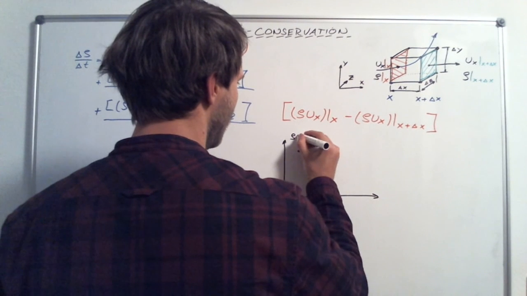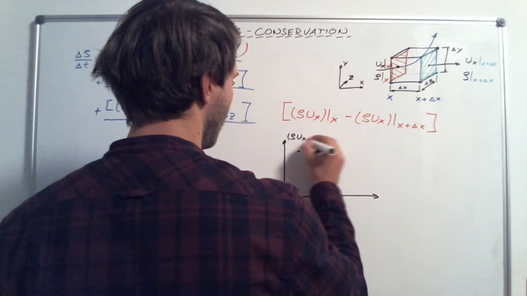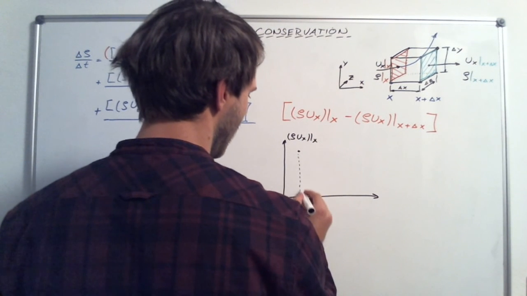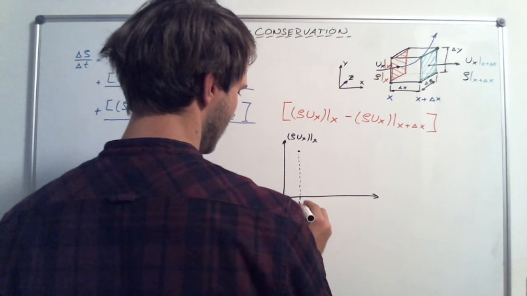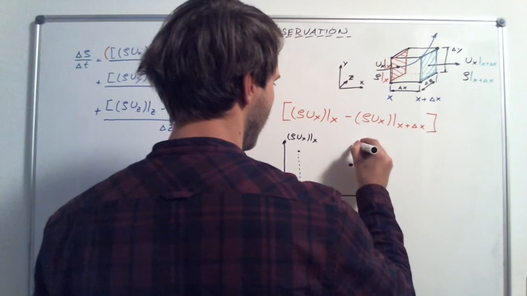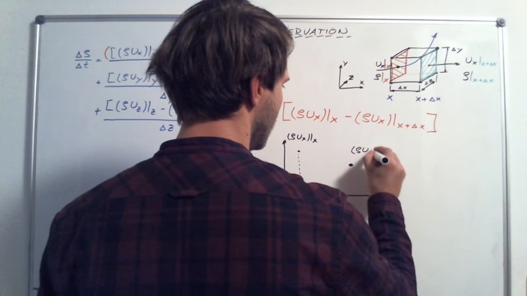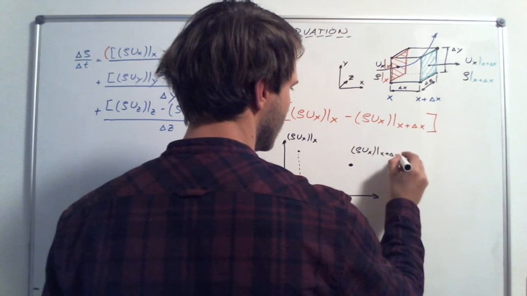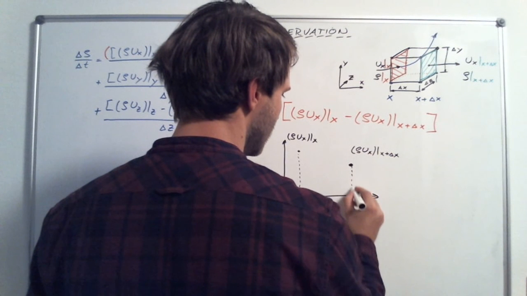So I will imagine that I have here this value at the position x. That means that here we have position x, and somewhere here we will have density ux at the position x plus delta x. And what does that mean?